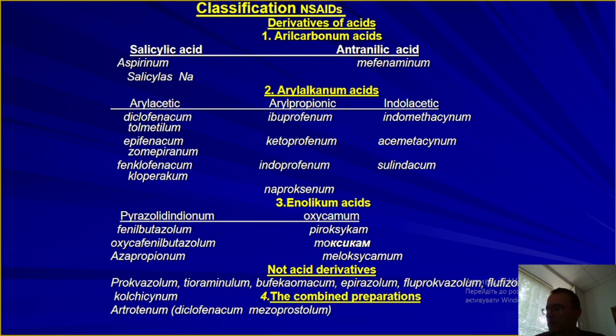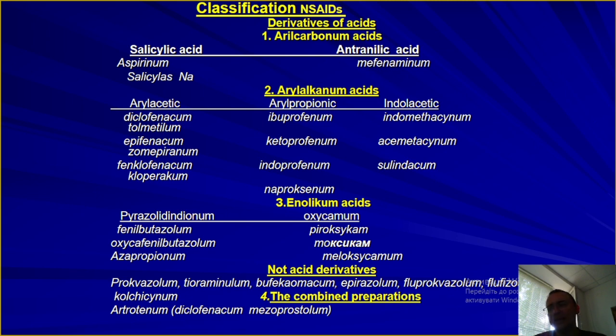And one of the most interesting things about non-steroids, which is always forgotten by doctors and which is poorly known by patients, is that each person has their own sensitivity to different groups of non-steroids. What does it mean? It means that when you are prescribing only one non-steroid for all patients, some group of patients will not receive a good result from taking it, because physiologically there is non-sensitivity to this drug.